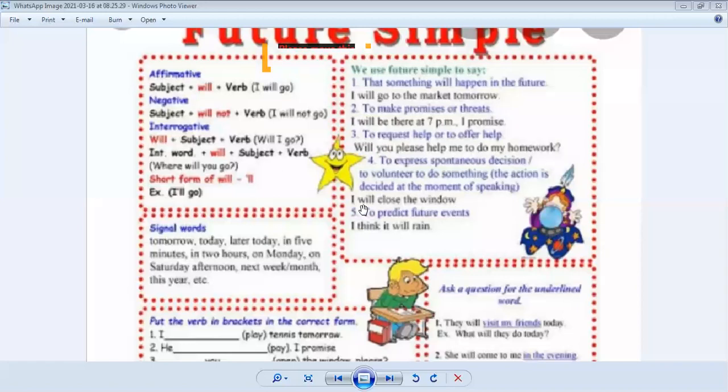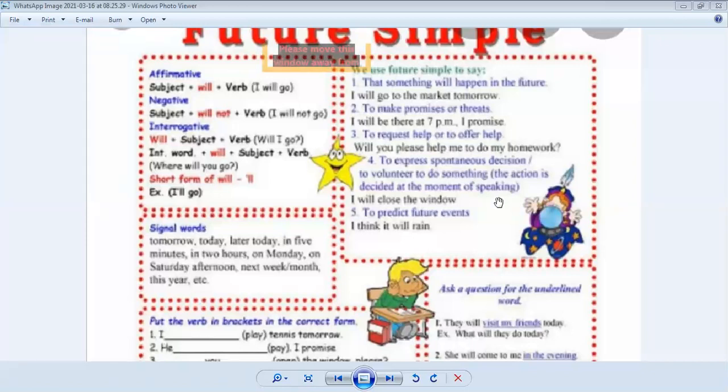Or for example, someone is at the door, I will go and open the door quickly. So this is what we call a decision at the moment of speaking, or an on-the-spot decision. Okay.